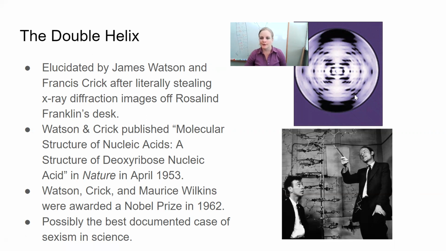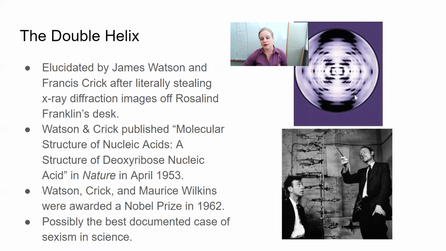And so that was kind of the missing piece, and knowing that information allowed Francis Crick and James Watson to figure out, oh yeah, the phosphate sugar is on the outside, the bases are facing inside. That jives with the Chargaff's rules about the base pairing.